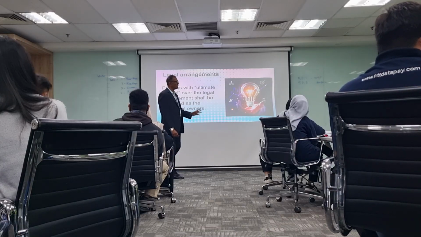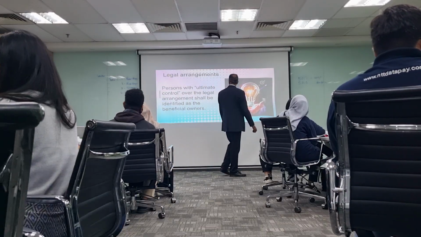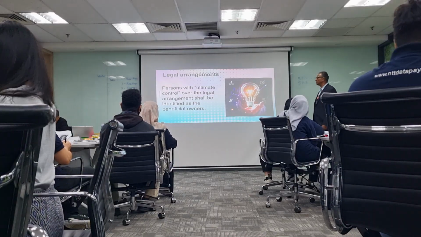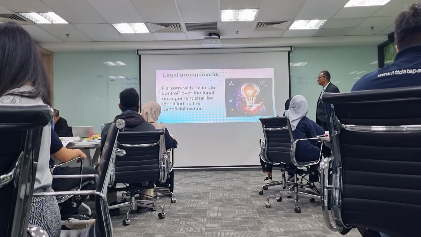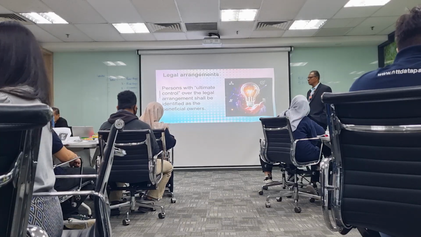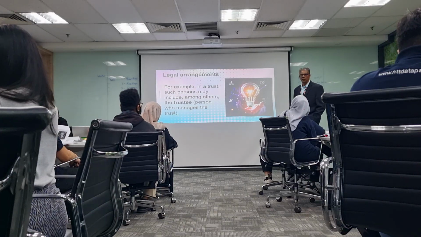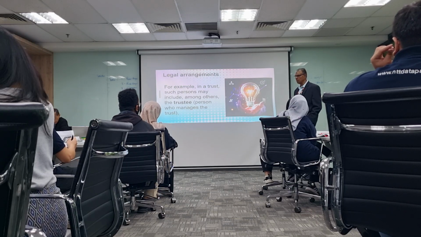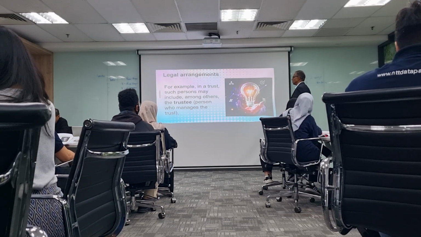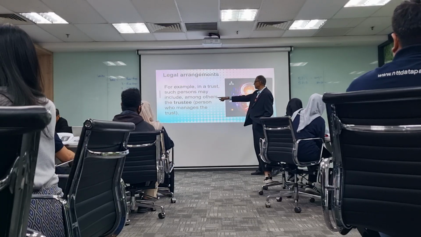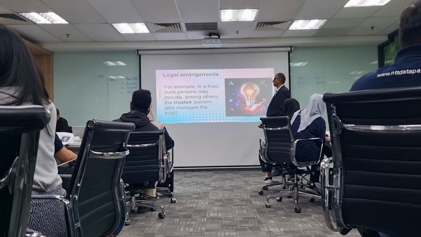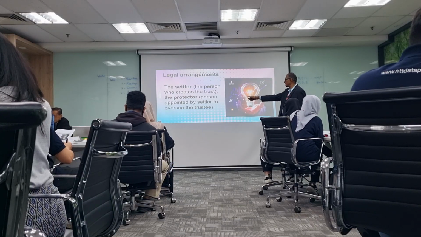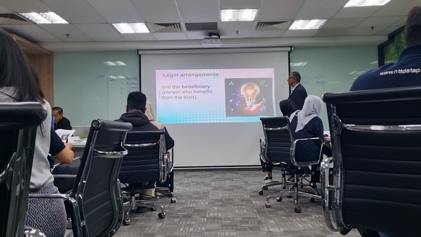Okay, there is another one which is a legal arrangement. Person with ultimate control over the legal arrangement shall be identified as beneficial owner. So this is basically trust. Such persons may include among others the trustee, the settlor, the person who creates the trust, the person who appoints the settlor, the protector, and the beneficiary.